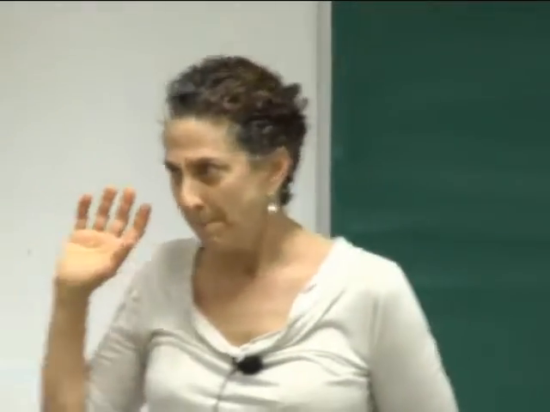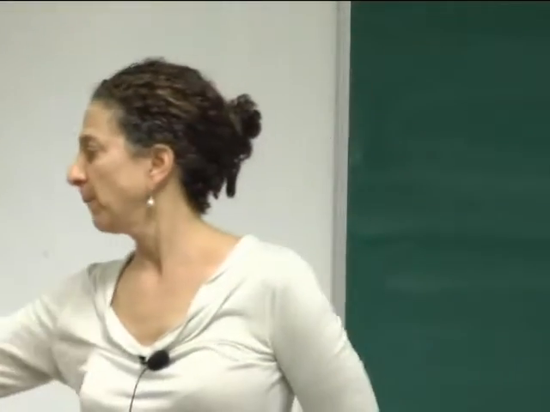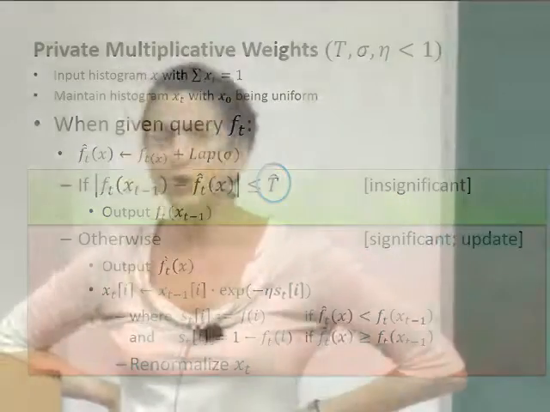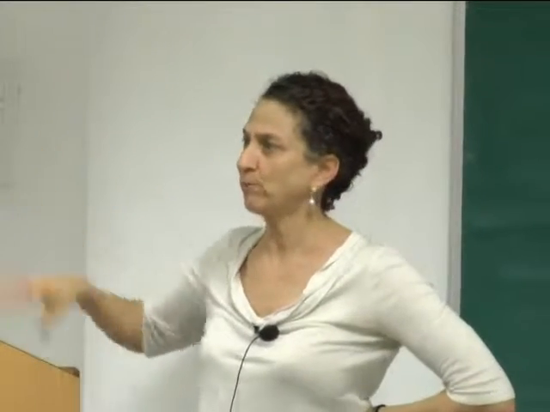Now, that is how the real live non-private multiplicative weights algorithm would work. We want to make a private version of it. And I'll talk a bit about why it works after we present the private version. Private multiplicative weights.